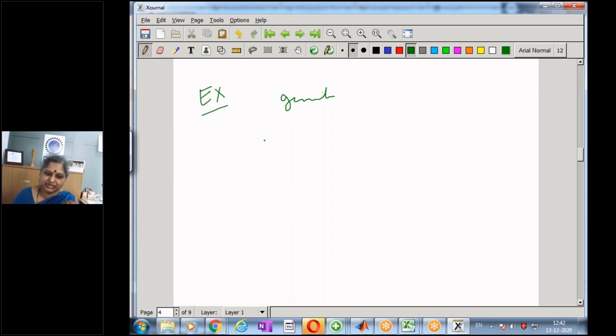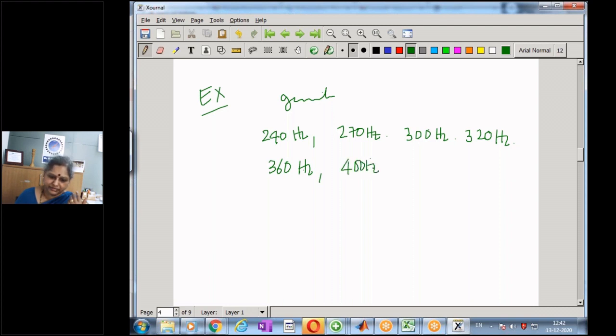Let me consider single frequencies, very low frequencies to start with, and then hear them. Say 240 hertz, 270 hertz, 300 hertz, 320 hertz, 360 hertz, 400 hertz, 450 hertz, and 480 hertz.